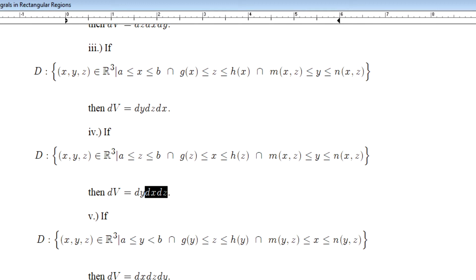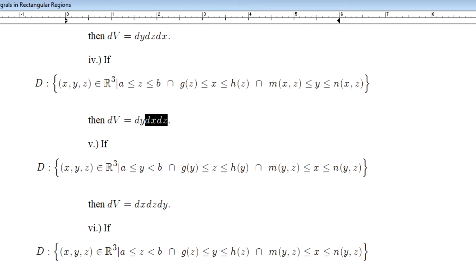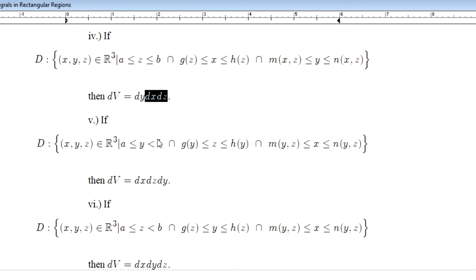In the fifth and sixth cases, what happens there is I now think about x being our innermost integration. X being bounded between functions of y and z in each case, but then region R being descriptions that occur in the yz plane.